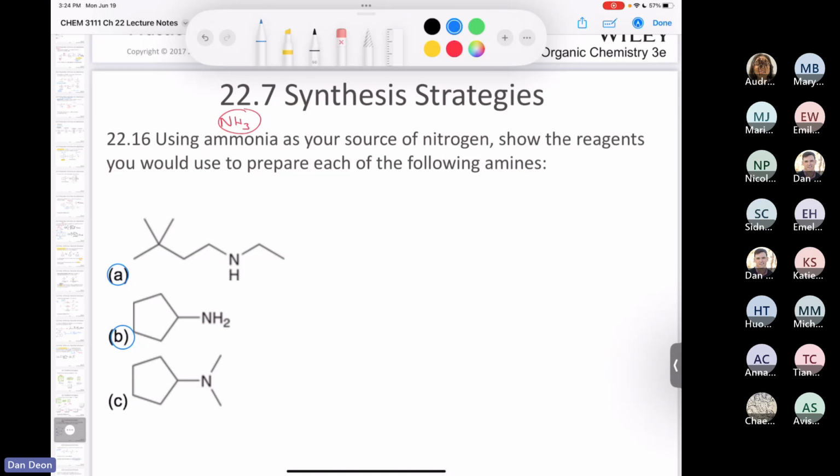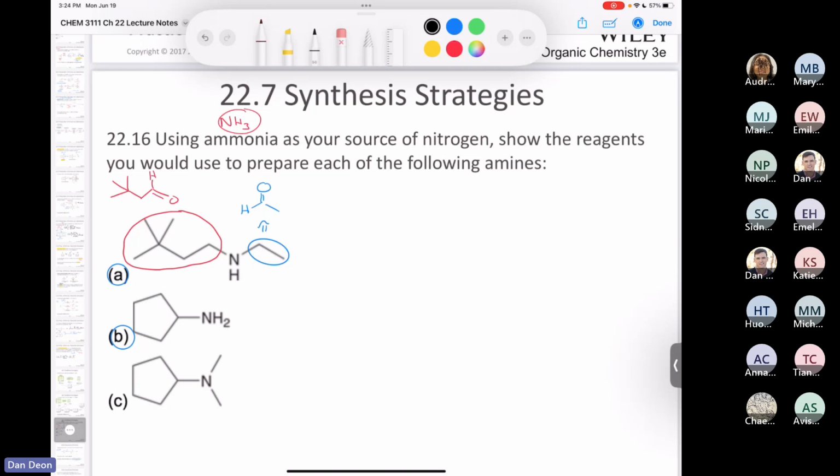So here you would use acetaldehyde, right? And for this part over here, you would use this aldehyde, which would look like this. So those are the two aldehydes that you would need to make the compound.